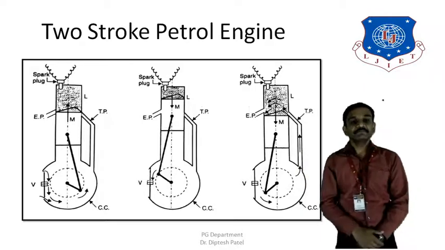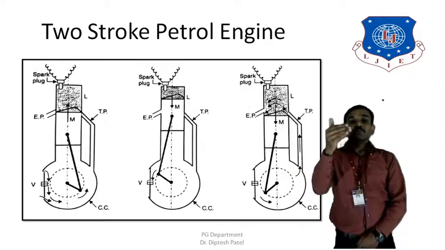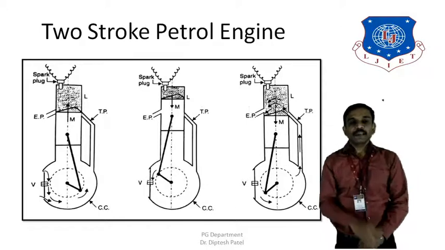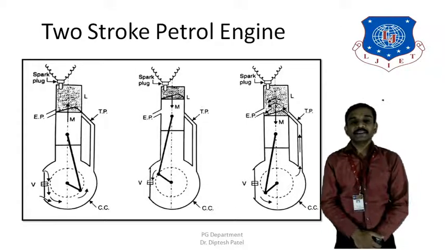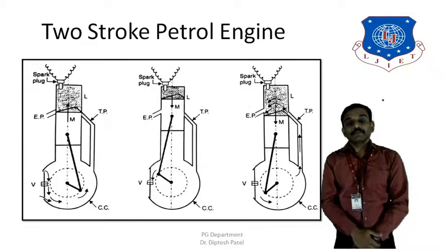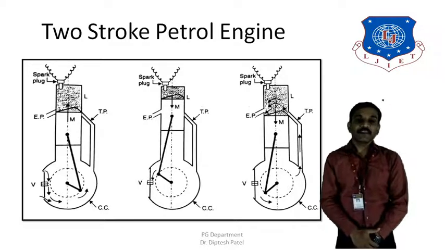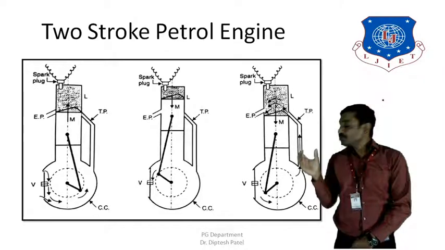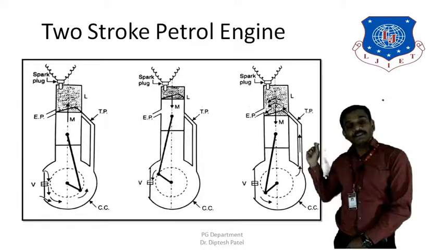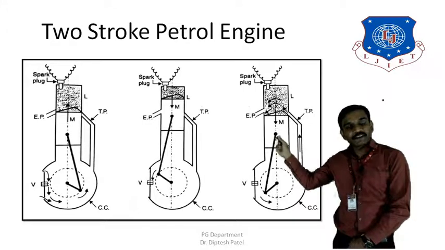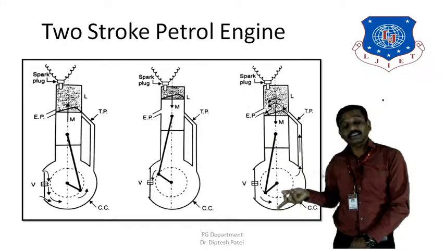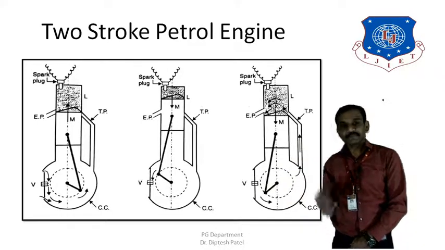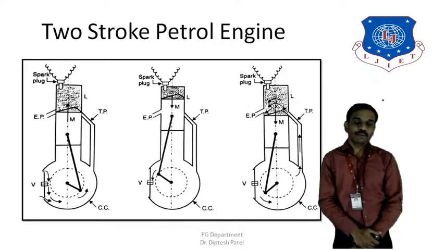So basically when the piston is moving from TDC to BDC, due to the power available in the cylinder, both the exhaust port and the transfer port remain open. Through the transfer port, the fresh charge enters the cylinder. At the other end, all the gases leave the engine from the exhaust port.